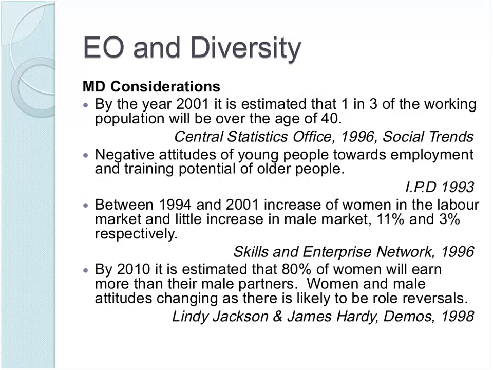Okay, here we have some examples of managing diversity considerations. For example, by the year 2001, it is estimated that 1 in 3 of the working population will be over the age of 40. The negative attitude of young people towards employment and training potential of older people had in 1993 been resolved. Between 1994 and 2001, there was an increase of women in the labor market and a little increase in the male market, 11% and 3% respectively.